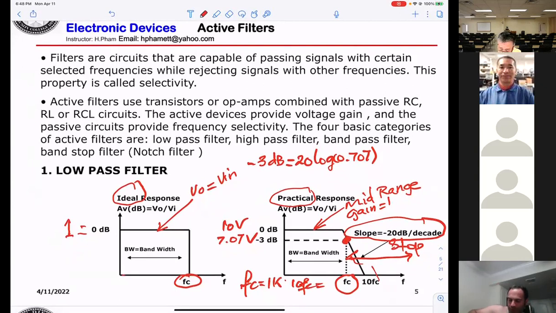In this case, 10K. Okay. And it's going down 20 dB per decade. So if I say I want the voltage at 20 dB, how do I get it?